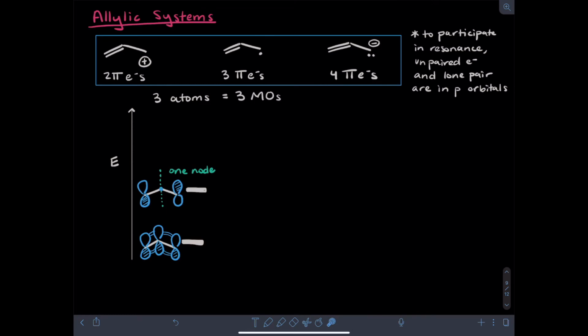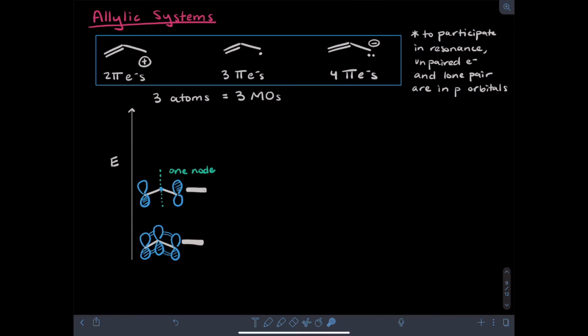Because I have 3 atoms, due to symmetry, the middle atom's going to have the node cutting through it. Then on either side of the node, you're going to have a different shading. So looking at the top, I have unshaded, I cross the node, and I go to shaded. I have the same pattern on the bottom here.